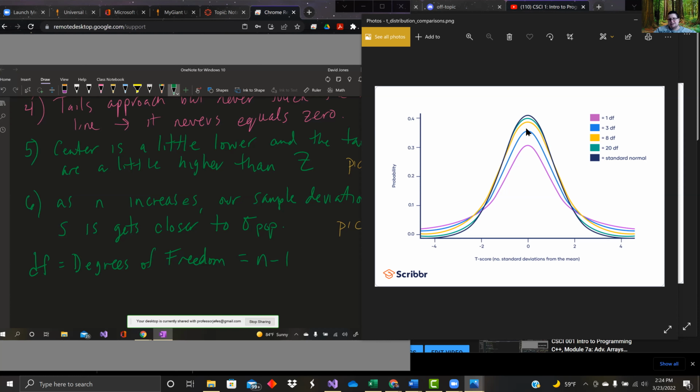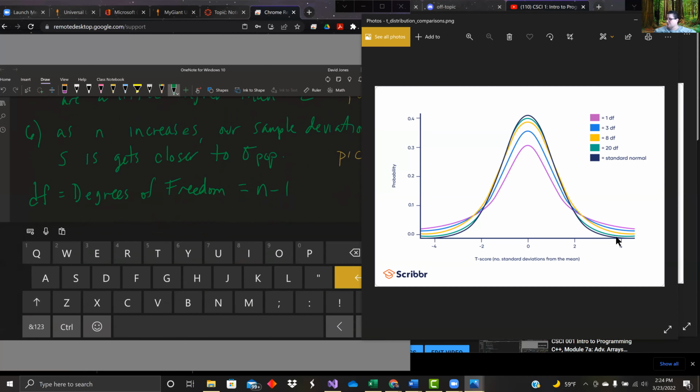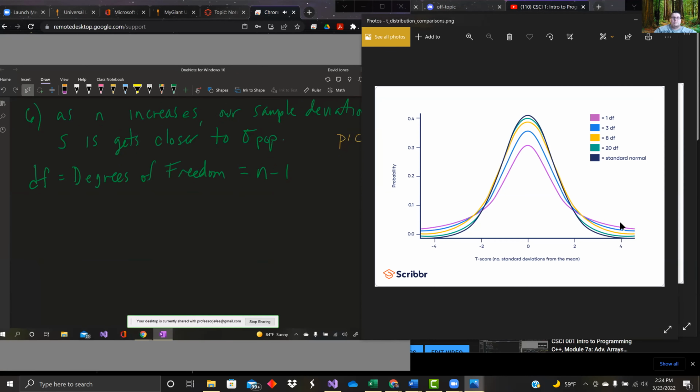Notice that this curve gets closer and closer to matching it in the center, and then at the tails gets closer and closer to dropping down to what Z is down below. So as n gets larger, it gets approximately equal to our Z distribution.